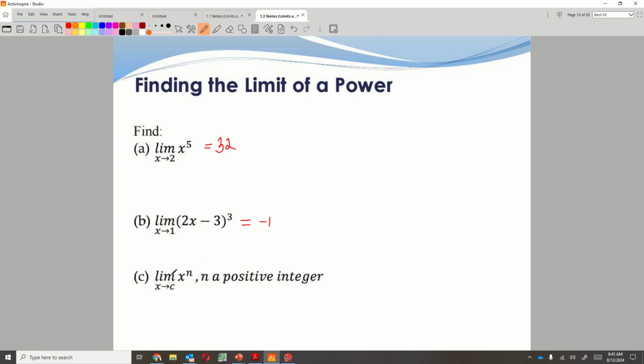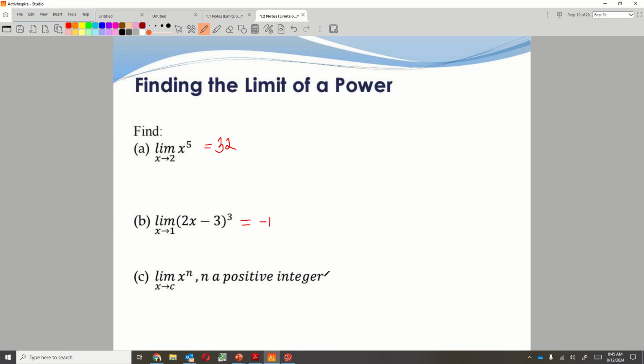Limit as x to the n, a positive integer. Positive integer, that's important. What does that mean if it's going to stay a positive integer? Even better, what is it if it's a negative integer? If it is a negative exponent, what happens to that exponent?